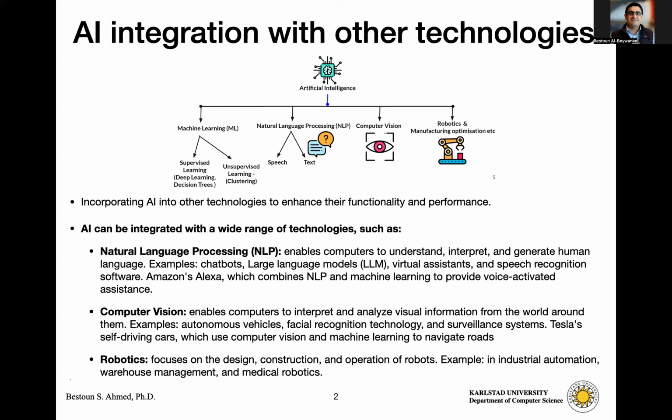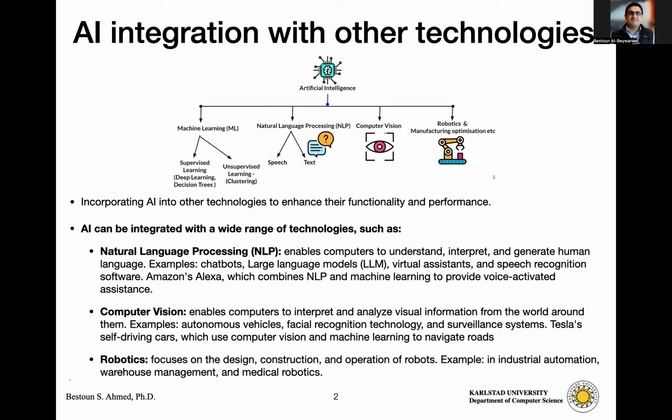For example, there is the integration of AI with large language models, with natural language processing, and this natural language processing processes the language, the voice recognition, whatever voice to text, and then we feed this text to the AI to do the job like recognition or analysis or something.